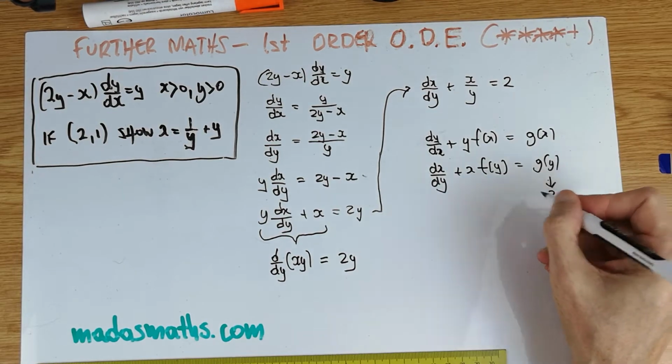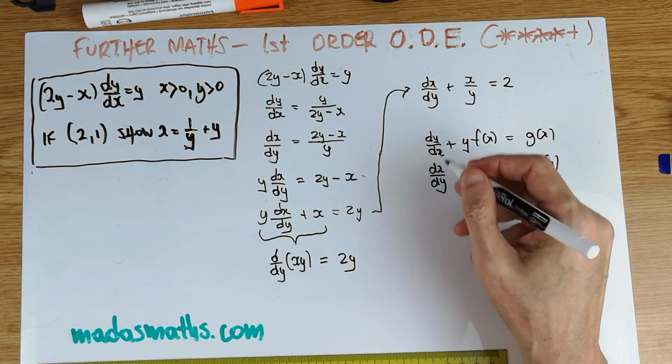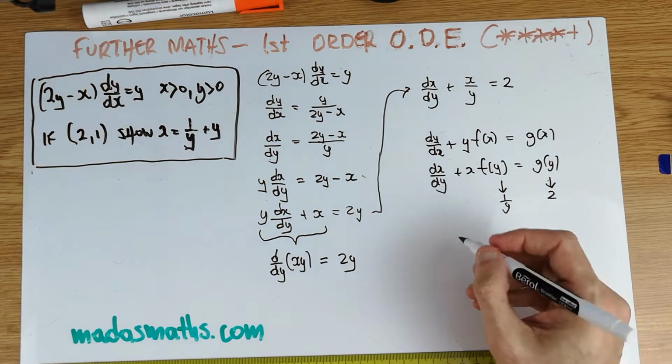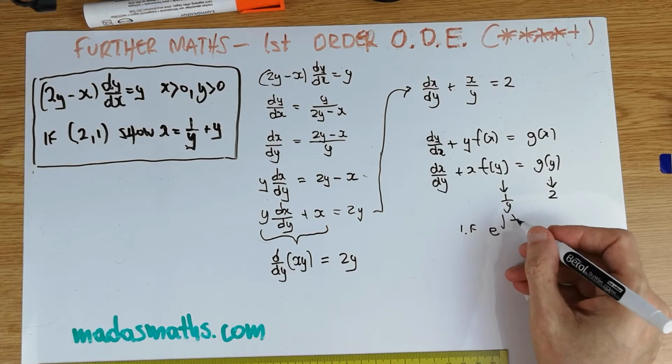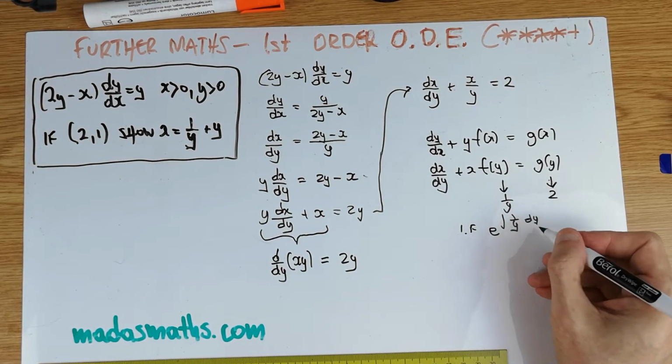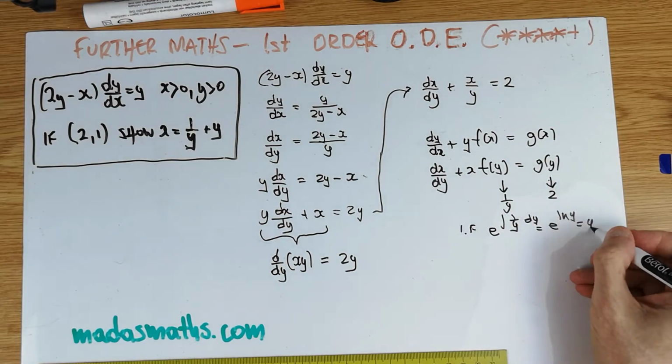This is basically your 2. This is your 1 over y. That, of course, is your x. And this is, of course, upside down. So your integrating factor here should be e to the integral of 1 over y dy, which is e to the log of y, which is y.